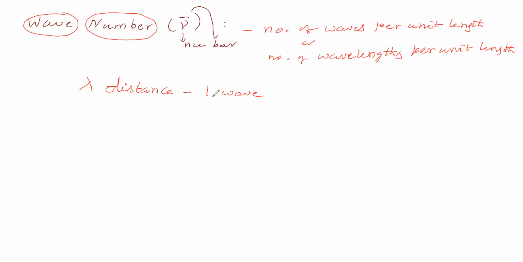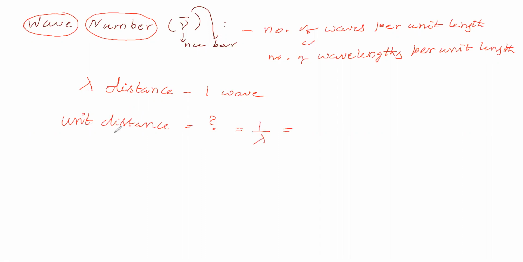Wavelength distance is possessed by one wave. Here what is given? Unit length. Now take unit distance. Lambda distance is possessed by one wave. Unit distance has how many waves? That is equal to 1 by lambda.